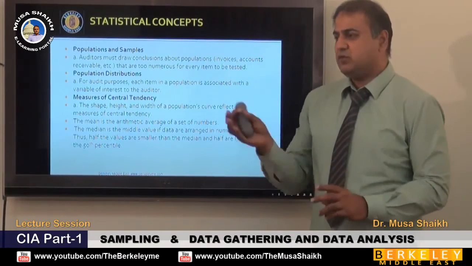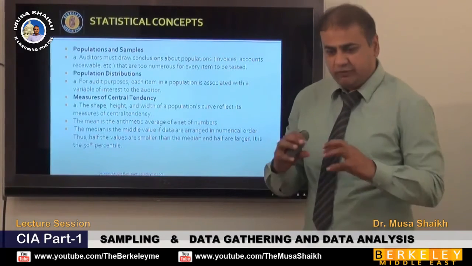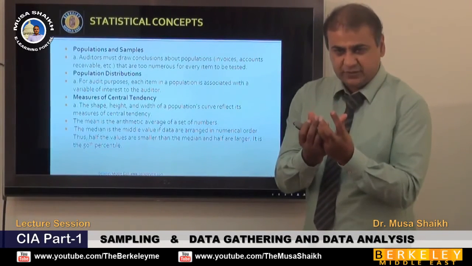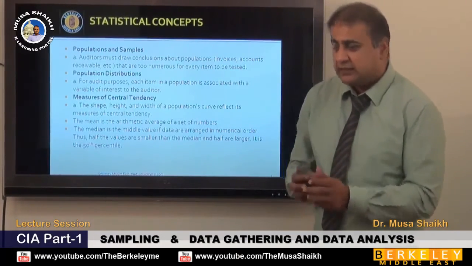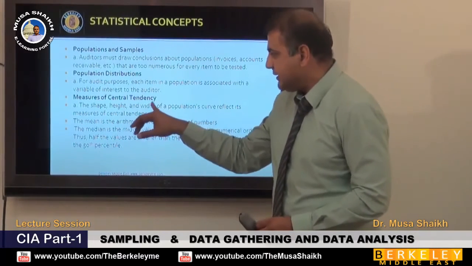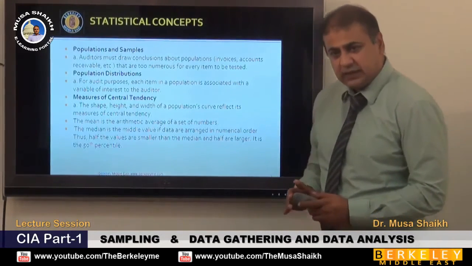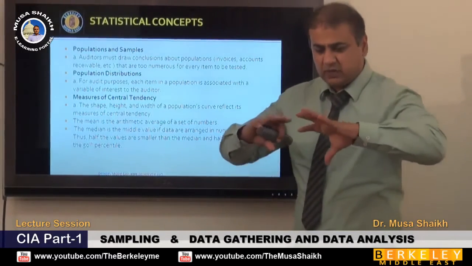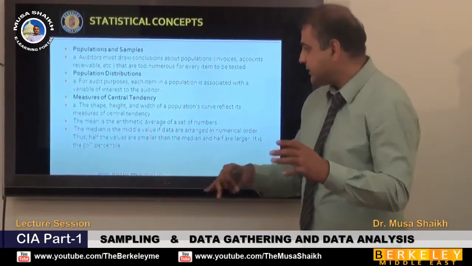For example, we have good quality invoices and bad quality invoices, so we make an average estimation: okay, 50% is good, 50% is bad. This is called central tendency. Then the shape, height and width of the population curve means how the data is kept in height and width.